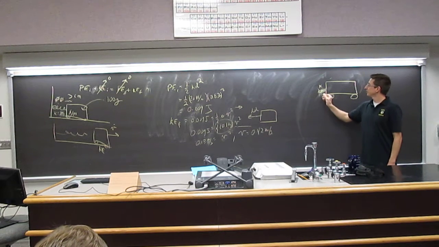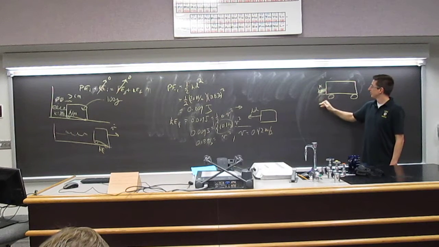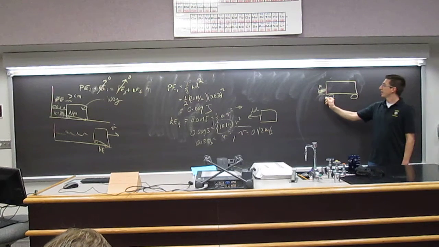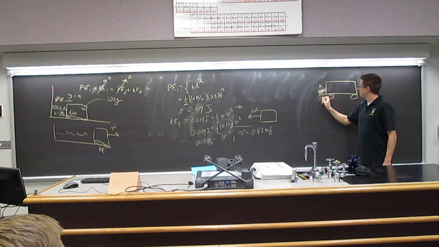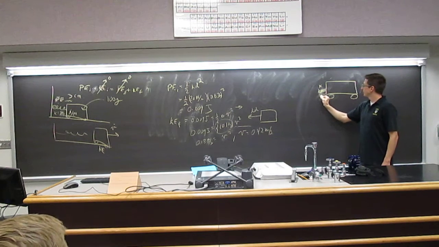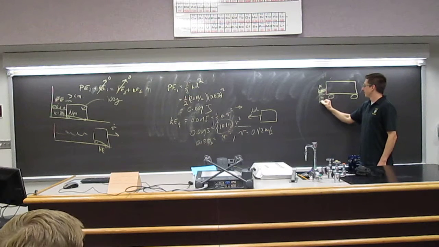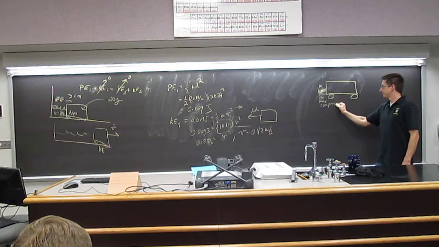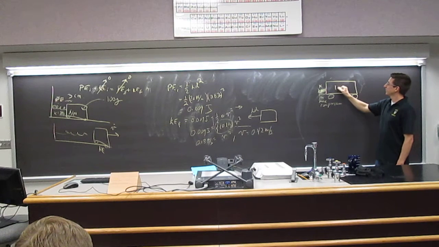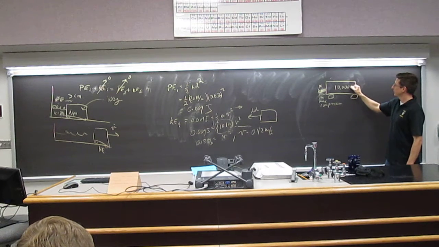All right, let's say this is K, it's unstretched, but it has a maximum compression of 1 meter. This thing is 10,000 kilograms.